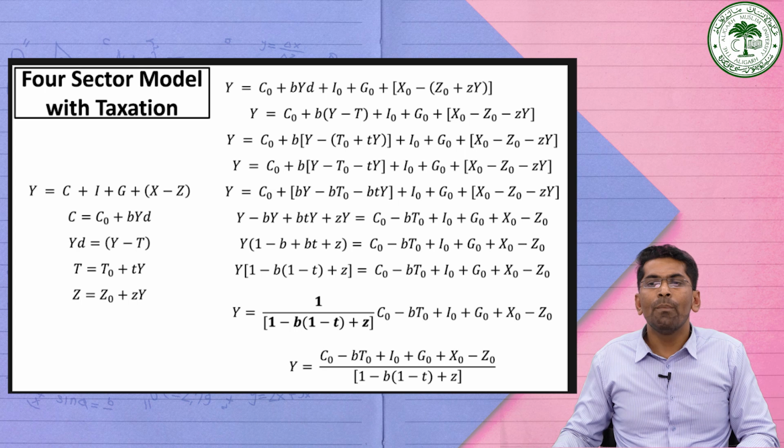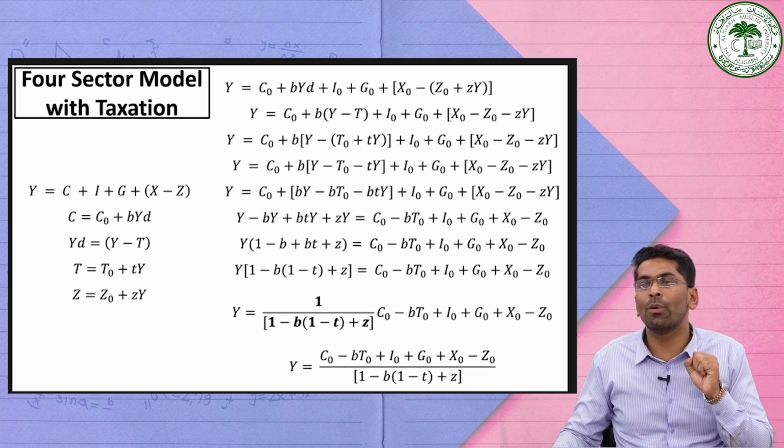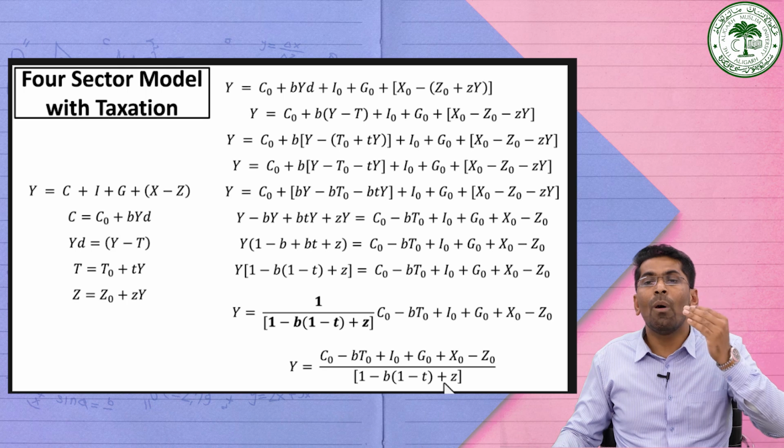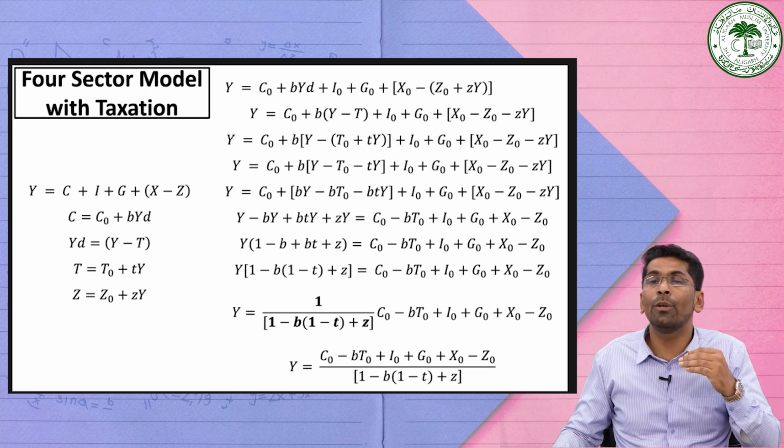See here, the marginal propensity to import plays an important role in reducing the size of the multiplier along with the taxation. So both are working here. Taxation is working, and at the same time marginal propensity to import is also working here. Because of these two factors, the size of the multiplier is again going to decrease.